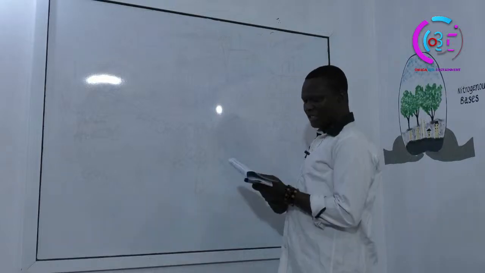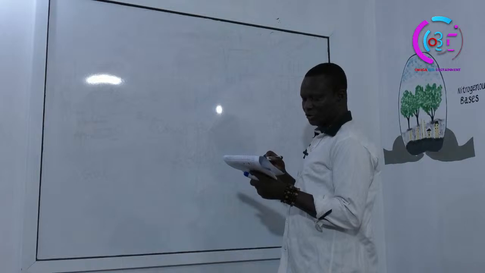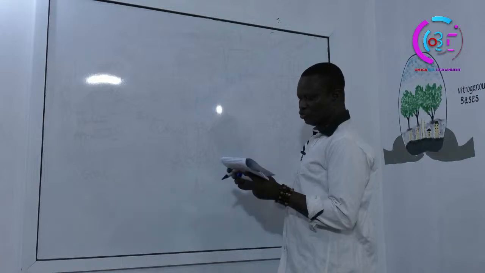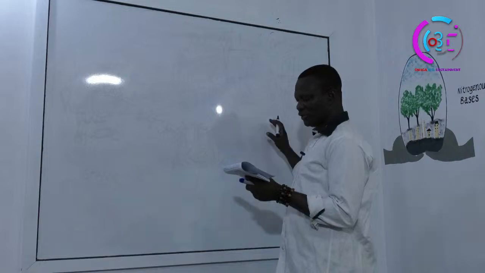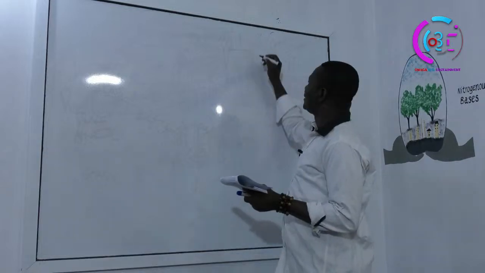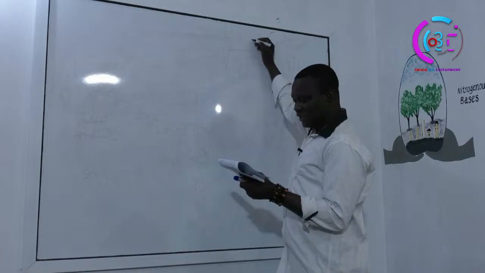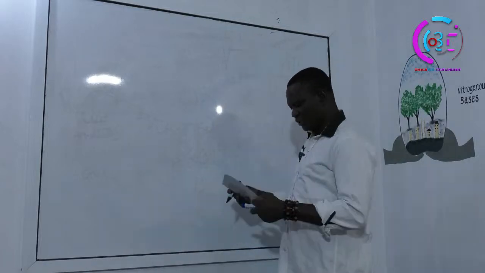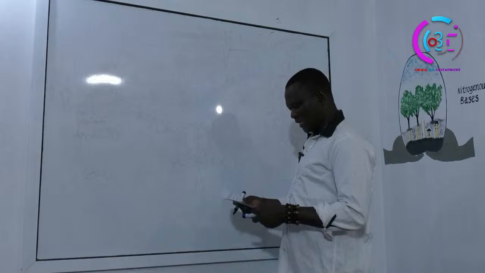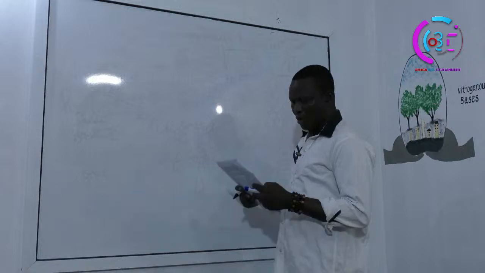So the question says, consider a cross between two heterozygous pea plants for a single trait, let's say seed color. Don't forget that the seed color we observed the other time could be either yellow or green.